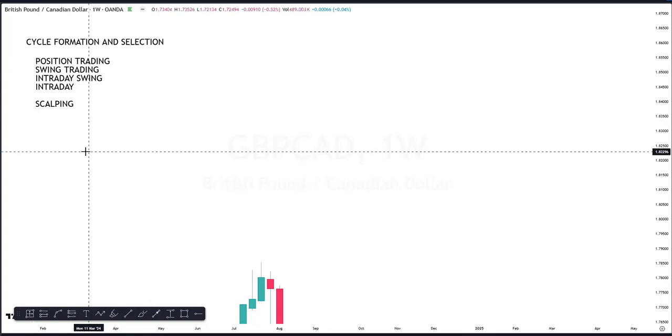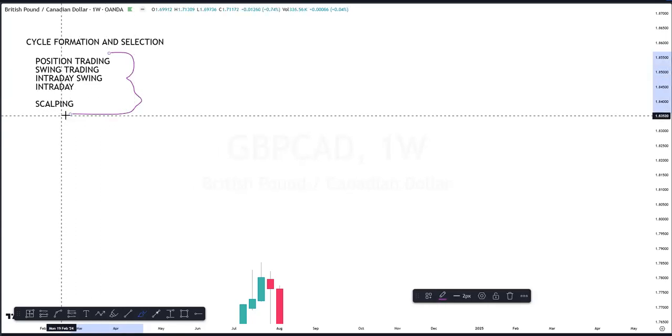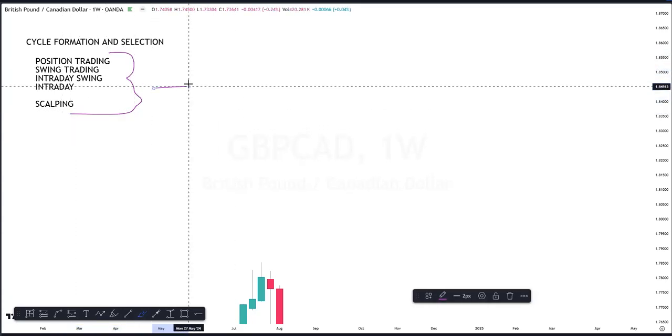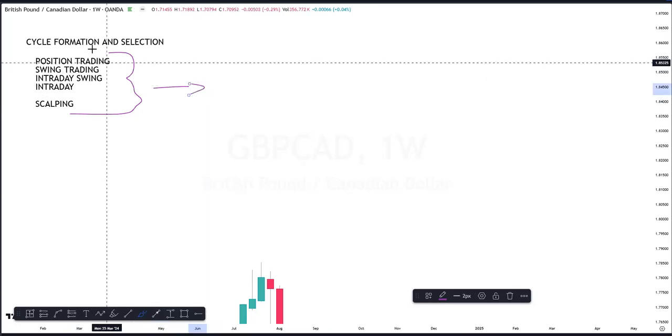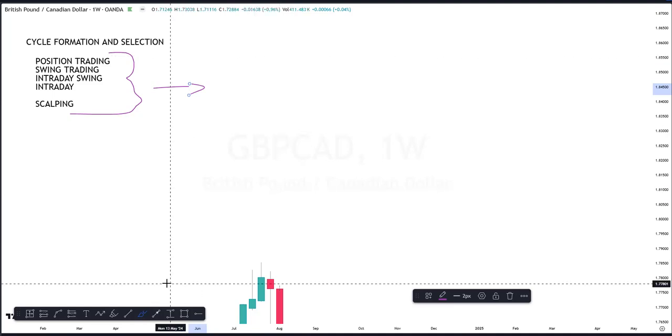So now, when we are dealing with this kind of trading, we always choose a certain cycle we're going to be using. When you're looking at position trading, we are going to be using the higher time frames, where we look at the monthly.